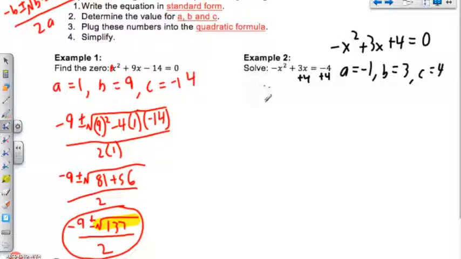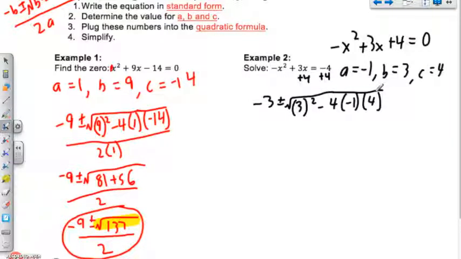So when we plug this in, we're going to have a negative b, or negative 3, plus or minus the square root of b squared, which was 3, minus 4 times a, negative 1, times c, positive 4, all over 2 times negative 1.